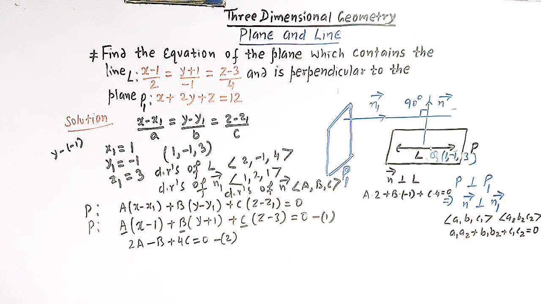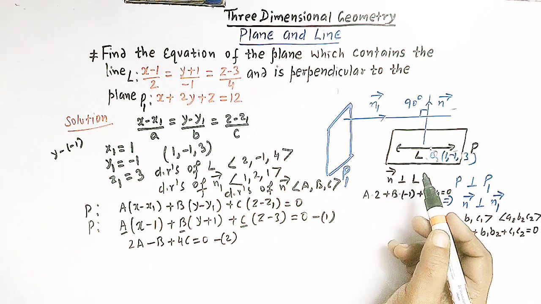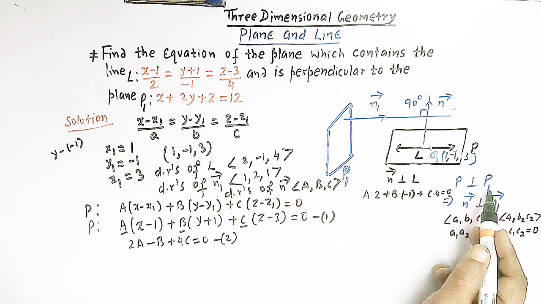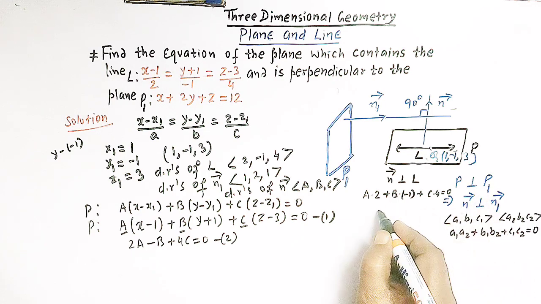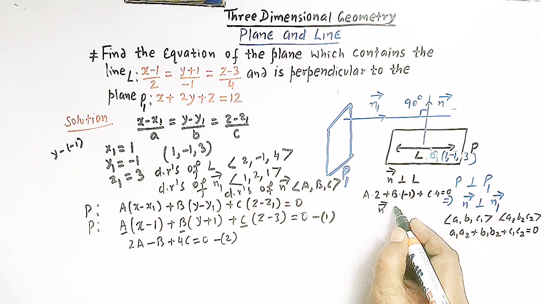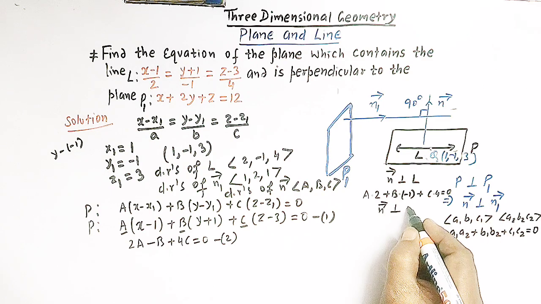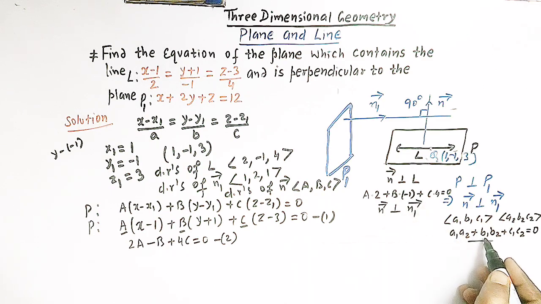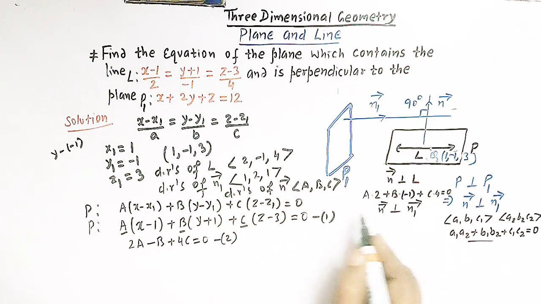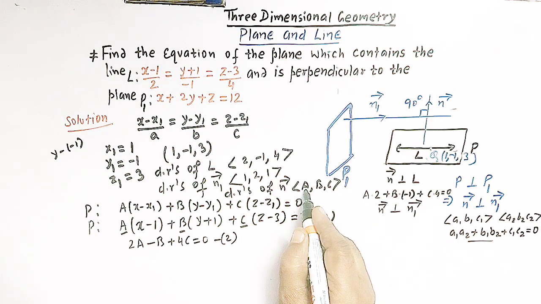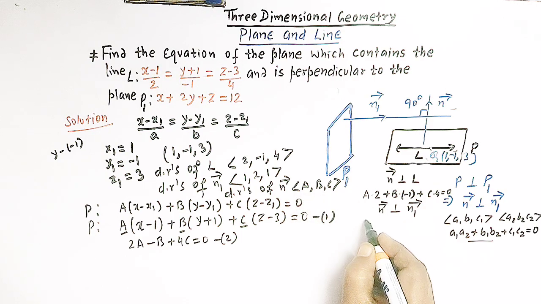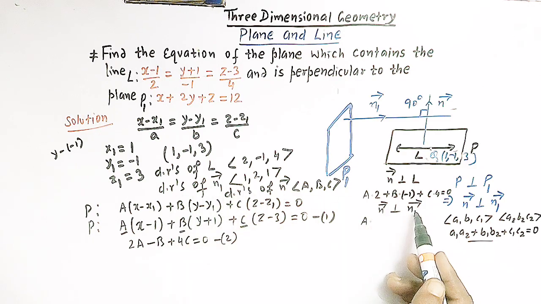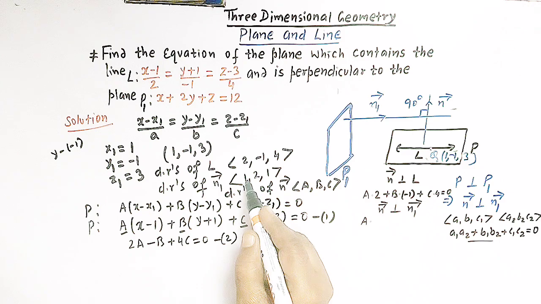And the second condition is that this plane P is perpendicular to this plane P1. So our normal vector N is also perpendicular to the normal vector N1, right? So again, applying this condition, the direction ratios of the normal vector N are A, B, C, and the direction ratios of the normal vector N1 are 1, 2, 1.